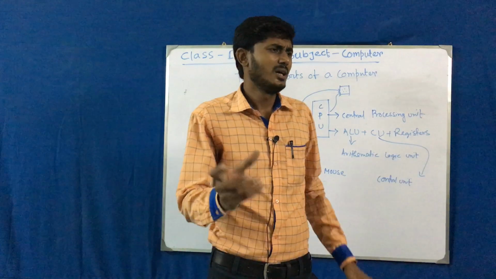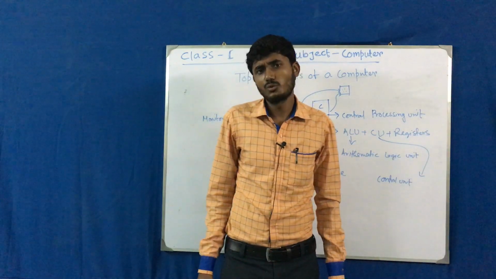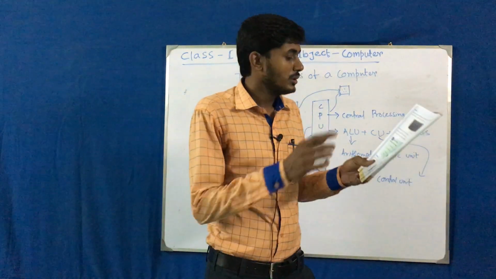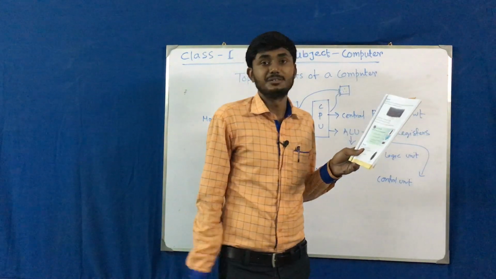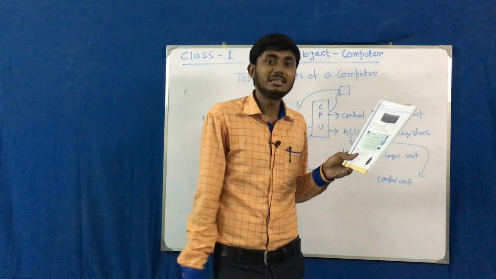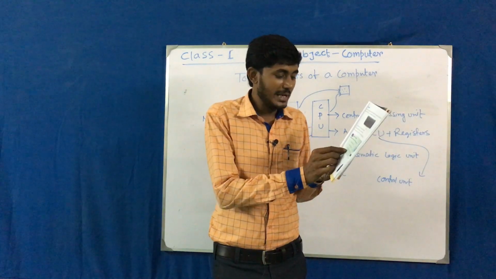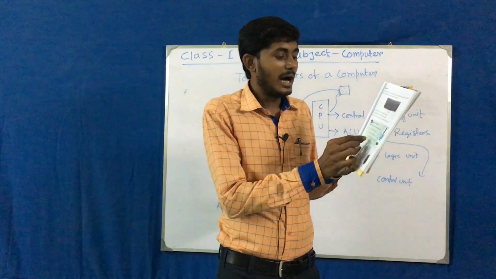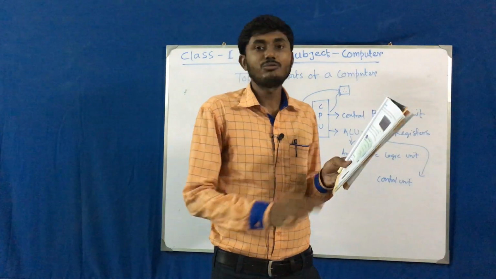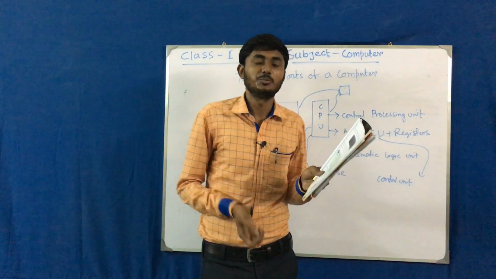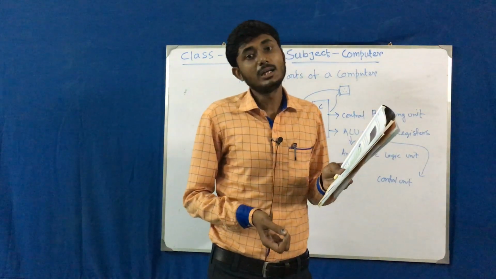We know that a simple keyboard has 104 keys. This one is keyboard. And the next one, I am a tall box and I am known as the brain of the computer. This is the CPU.